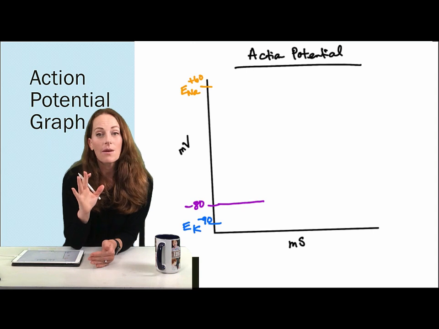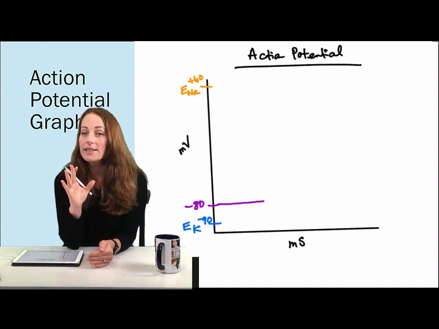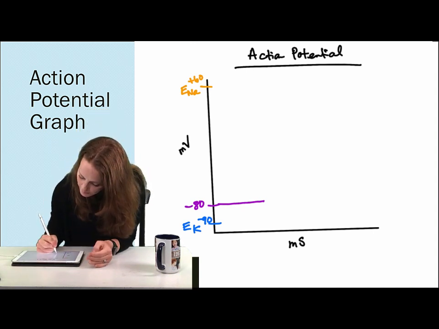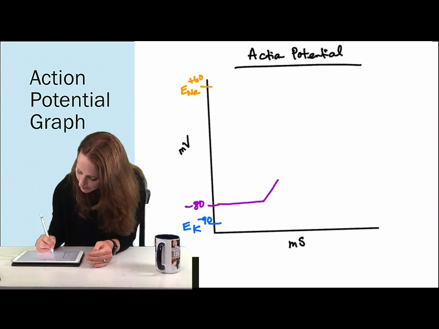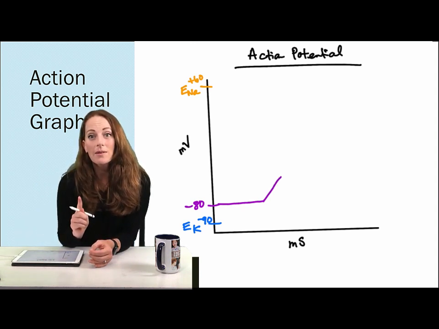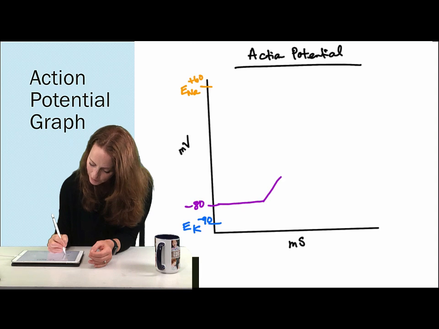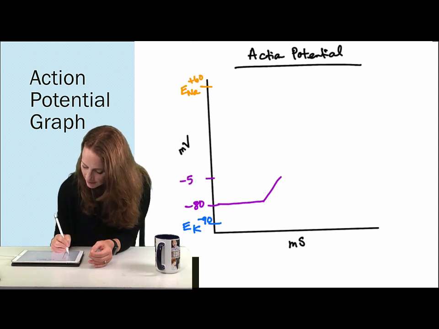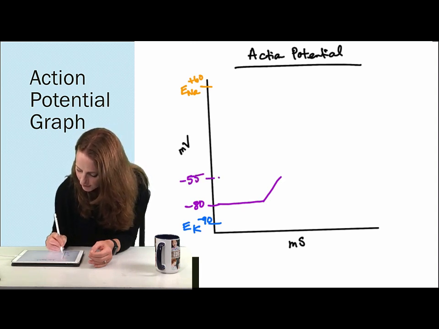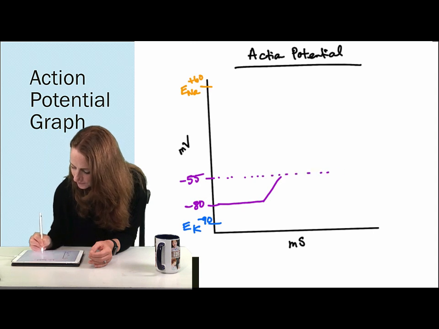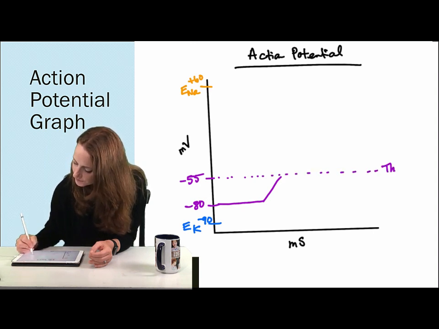Okay, so let's say we've had depolarizing graded potentials that are going to depolarize the membrane to what level that's important? To threshold. Threshold is minus 55. So let's draw a dotted line for threshold.